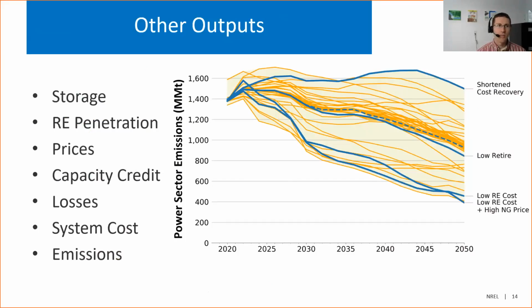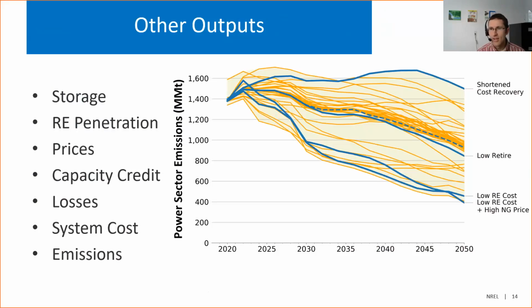There's a lot of outputs that are part of this. I just highlighted the generation piece here. You can go to the report to look at it, or to the scenario viewer that Peter's going to talk about in a minute. There are things like, if you want to look at storage, what are the different durations of storage? What does the renewable energy penetration look like? What are the different prices coming out? What capacity credit of wind and solar technologies? What do losses look like? What do transmission builds look like? And all these other things.